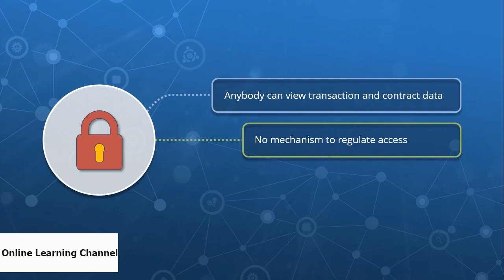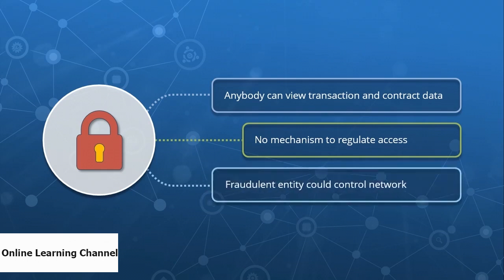Another issue, which we have only briefly alluded to, is the fact that it is possible for a fraudulent entity to control the network. This is not yet an immediate concern, but with some of the public blockchain networks, there are just a handful of entities which control the vast majority of nodes which make up the blockchain network.